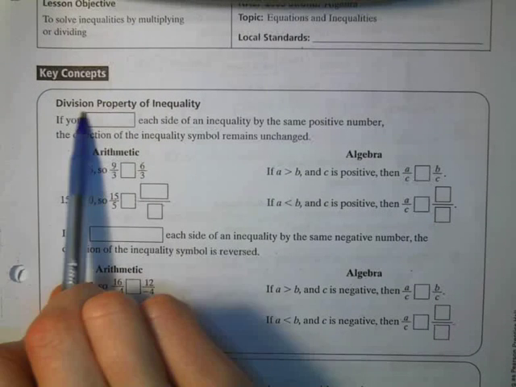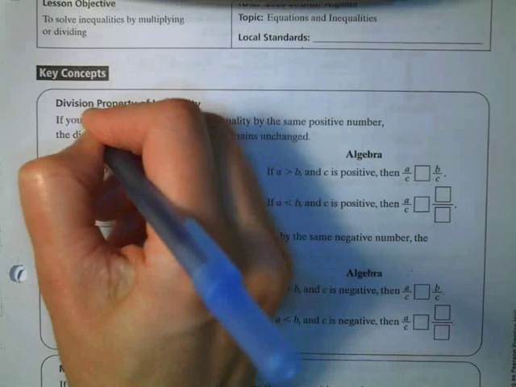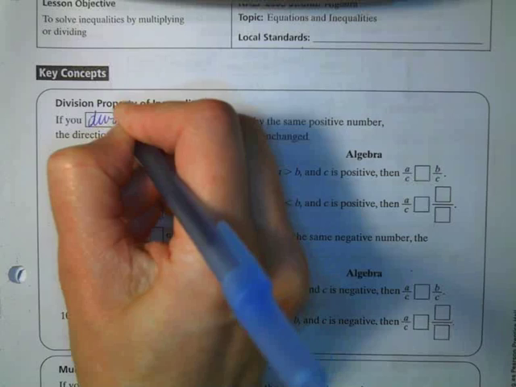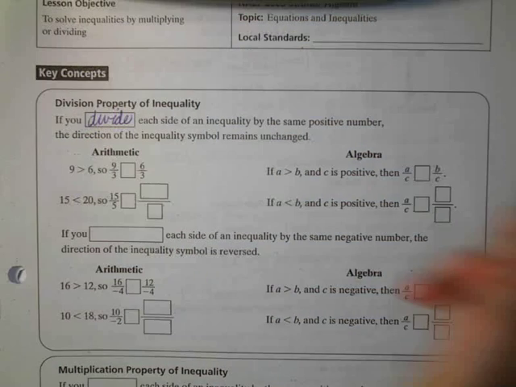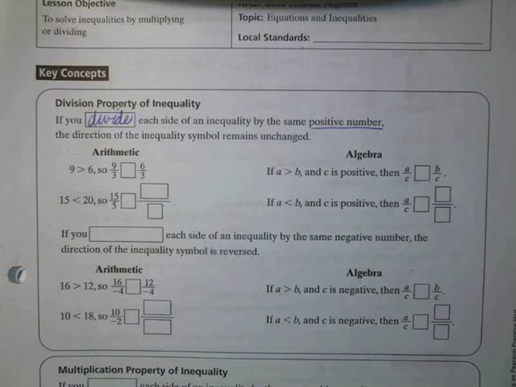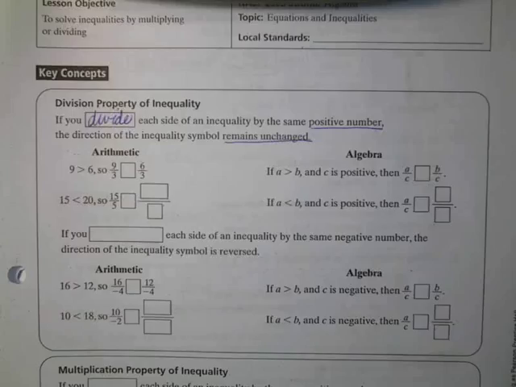We'll start off with the division property of inequality, and that tells us if you divide each side of an inequality by the same positive number, the direction of the inequality remains unchanged. So if it's a positive number, it's not going to change anything.